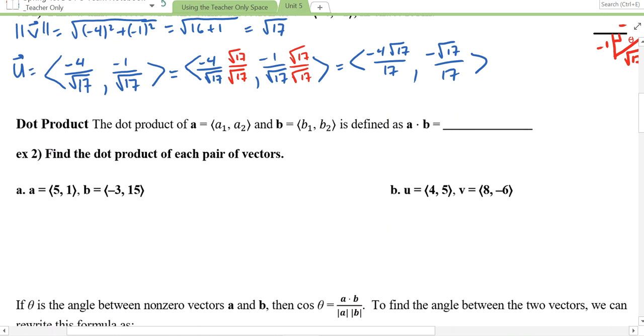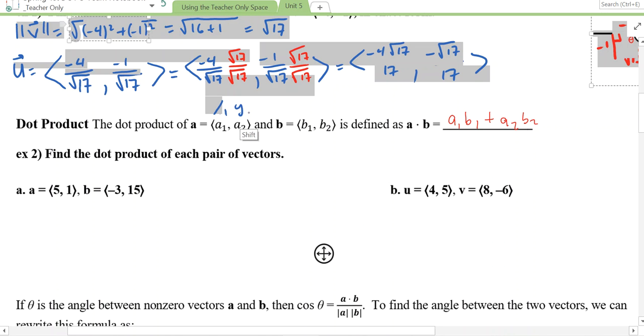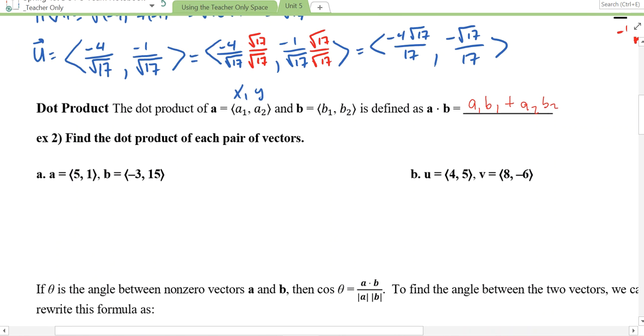So the dot product is A1 times B1 plus A2 times B2. I personally prefer x's and y's. So this is the first x, this is the first y, for our first point, which is the A. And then this is the second x and the second y.